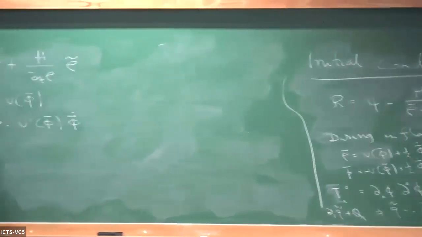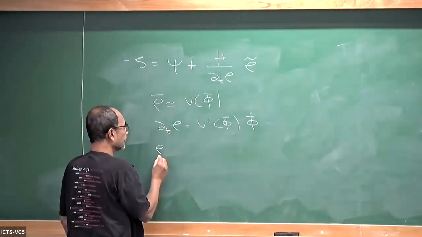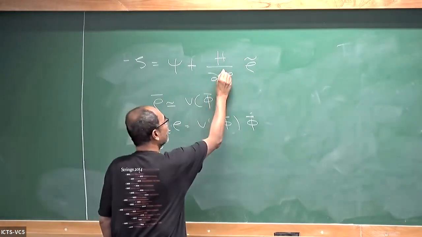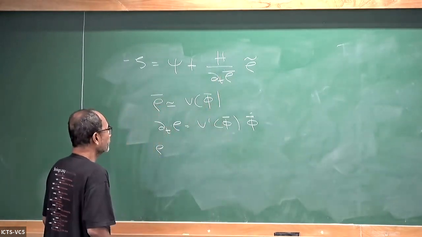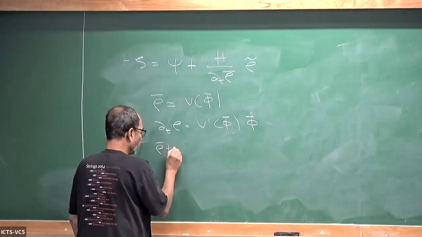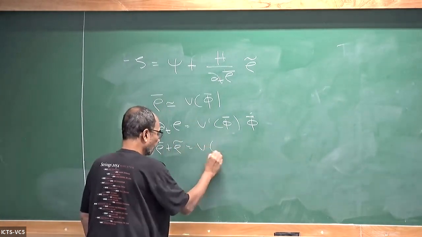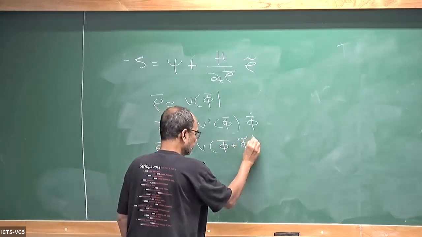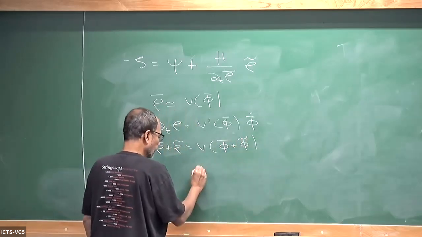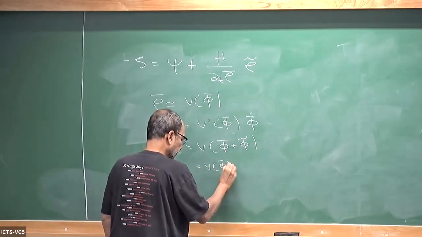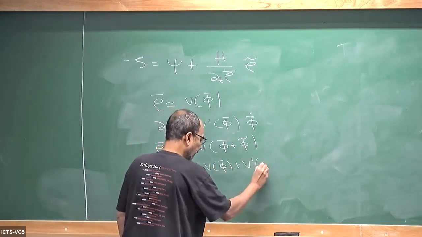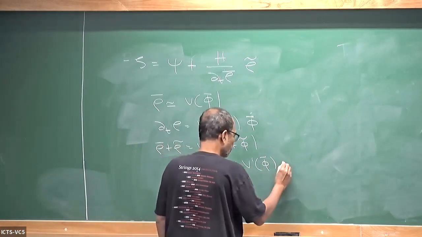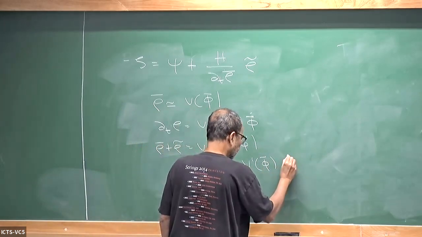and rho tilde. So this is rho bar, this is also rho bar. Rho bar plus rho tilde should be equal to V of phi bar plus phi tilde, which is V of phi bar plus V prime of phi bar phi tilde.